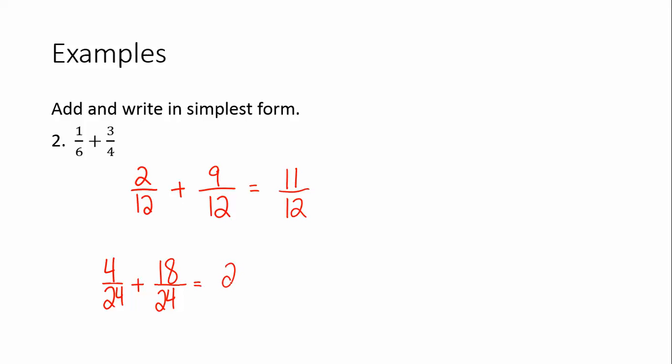Now when we add, we get 22 over 24. You'll notice this fraction can be reduced. We divide the top and the bottom by 2 to get 11 over 12. So you still get the same answer, but it takes a little extra step because you need to reduce the fraction.